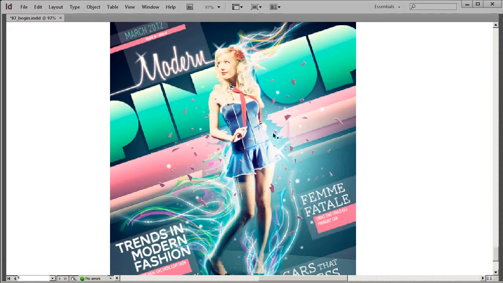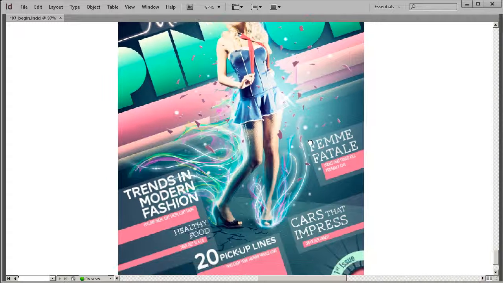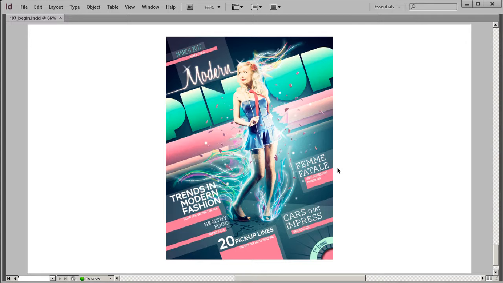You can see here that the model in this image is almost breaking through the type behind her that says modern pinup, as well as these stripes underneath that. So your type needs to really complement the concept for your design and not fight against it when you're mixing both images and type.